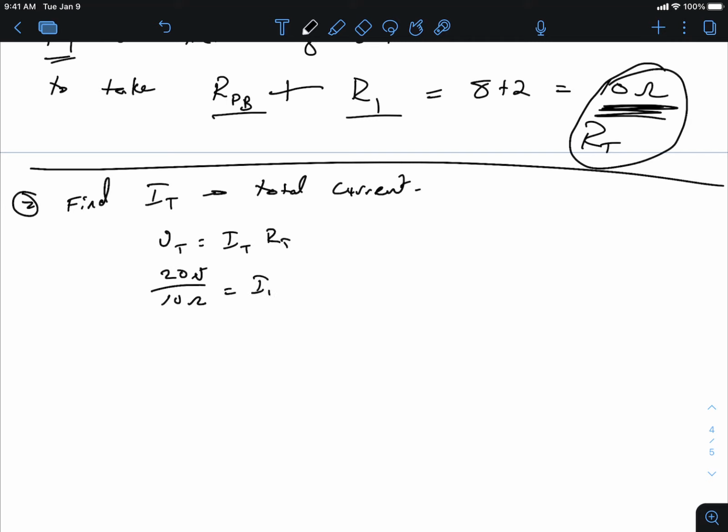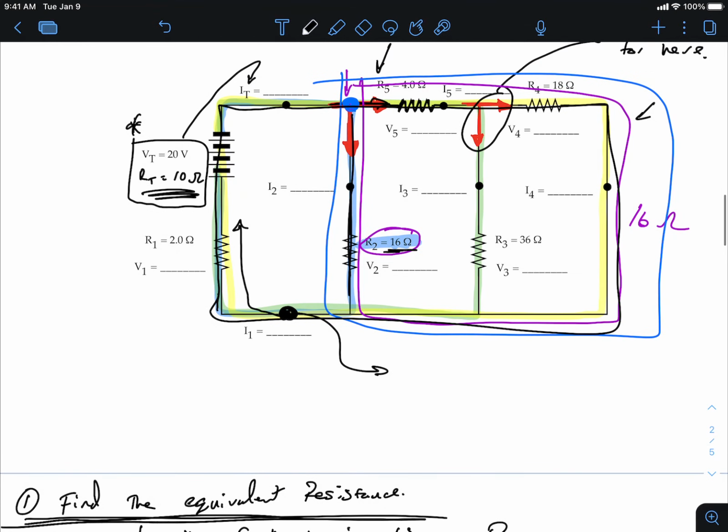That's going to tell you what the flow, what the current is, right? How many electrons are flowing? So we're going to find that it's 2 amps of current that we're going to measure. Okay, so now I go back up here and I say, okay, great, I found this, 2 amps. So we know along here, when they arrive at the blue decision point, there are 2 amps of current that have to make a decision.